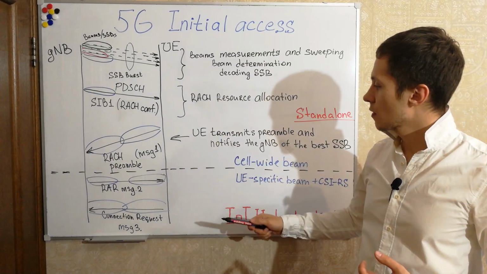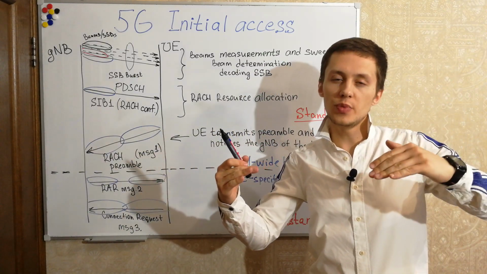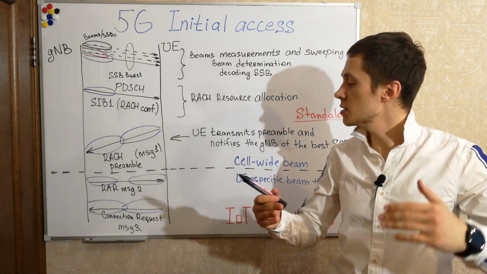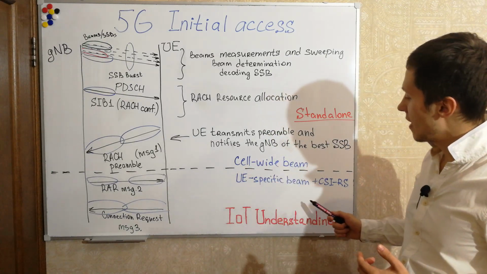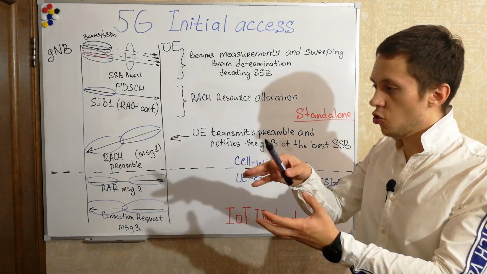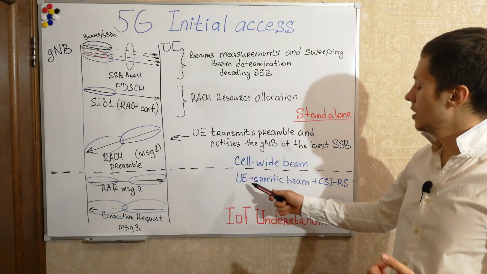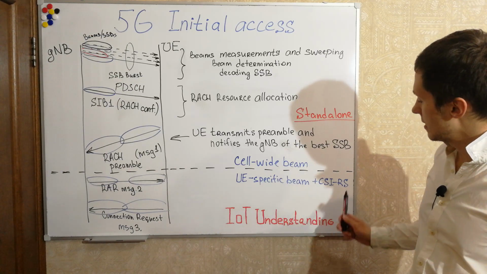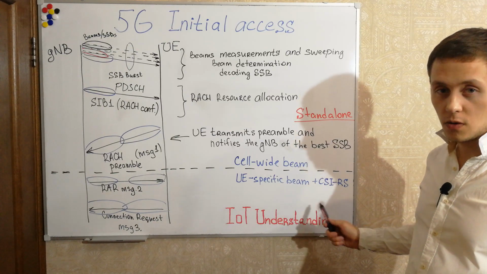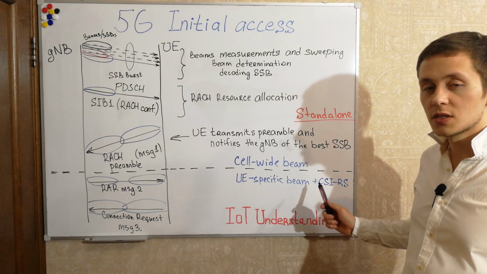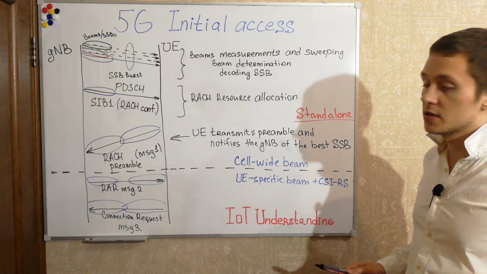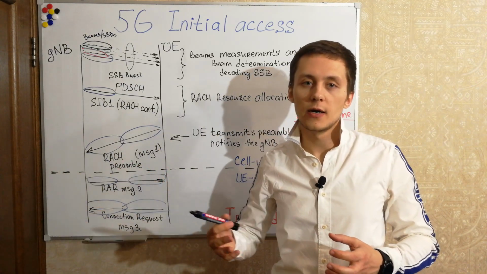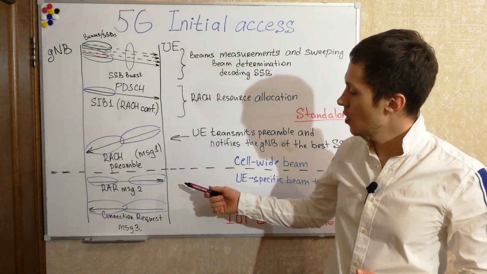And after this, when UE and gNB know exactly the direction by the best correlation of signals, we have narrower, stronger beams, and we may call these beams user equipment specific beams. And at this step, the UE and the base station use CFRA signals, special reference signals for reporting beam measurements.